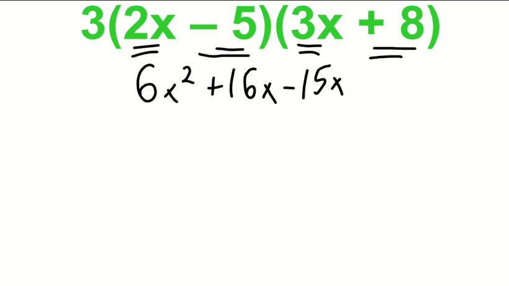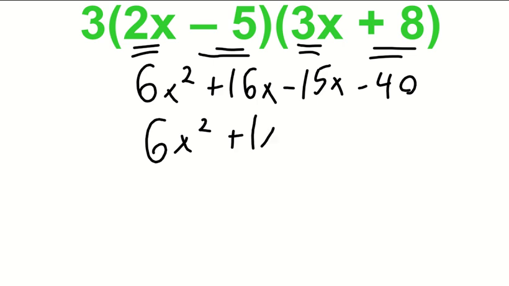Last, minus 5 and a plus 8, so that's a minus 40. I'm going to combine, so I've got plus 1x. And we still have that 3 out in front, so we can't forget about it. And like I said, to me, that's easier to save that for right there.